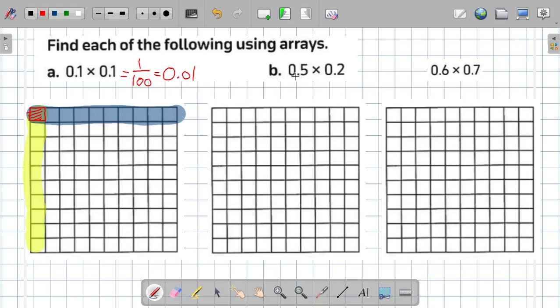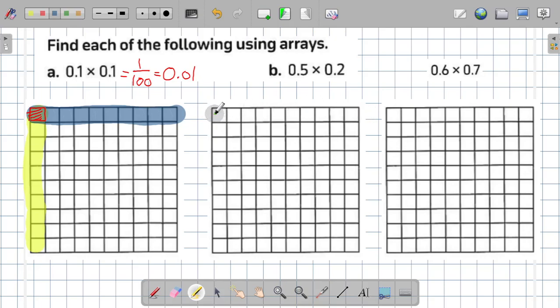Okay, let's try again. I have 0.5 by 0.2, or 5 tenths by 2 tenths. For the first one, we have 5 rows. I think it doesn't matter if I represent the first number by rows or columns.